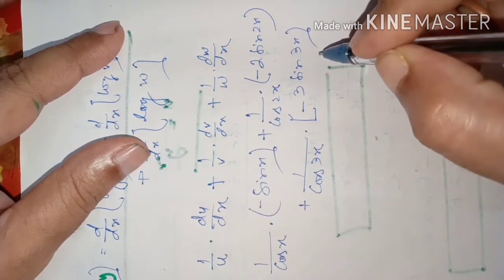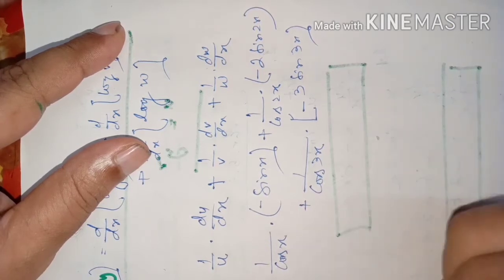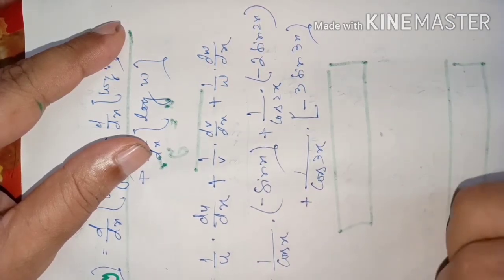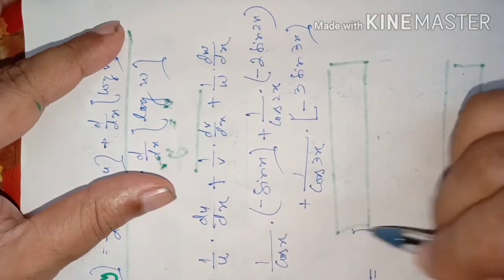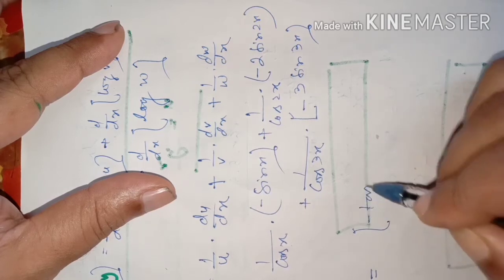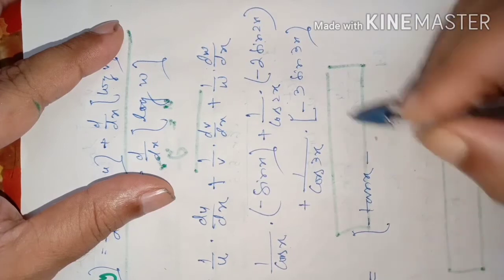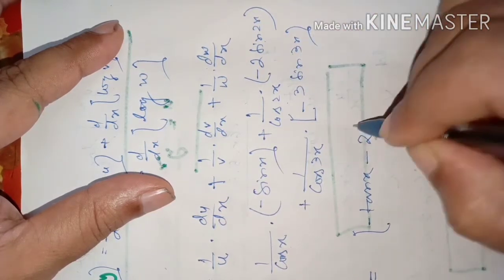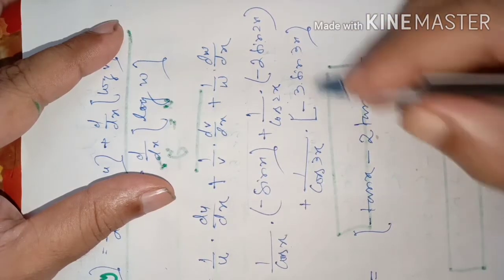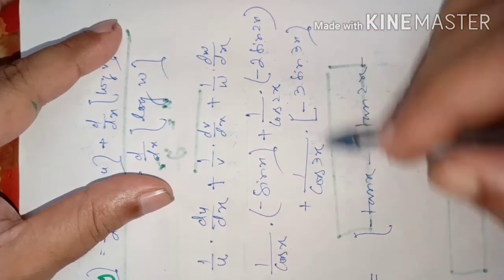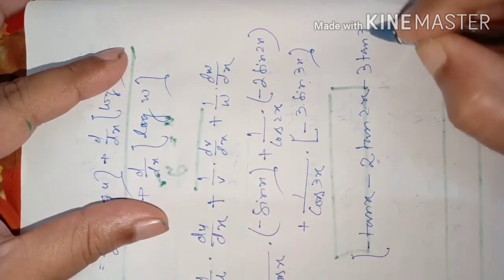Got the idea? So we got here that sin x by cos x is tan x, so it is minus tan x. Then sin 2x by cos 2x is minus 2 tan 2x, because 2 also is there. Then minus 3 tan 3x, because sin 3x by cos 3x gives 3 tan 3x.